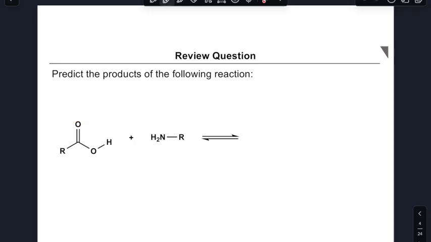If your first thought is, well, not much is going to happen here, there's not quote-unquote a reaction, that might be correct, but remember, there's still sigma bonds that can be broken or formed. The process can still happen. It may not be what we would consider a very dramatic reaction. In fact, the major thing that's going to happen here is a very simple acid-base reaction.